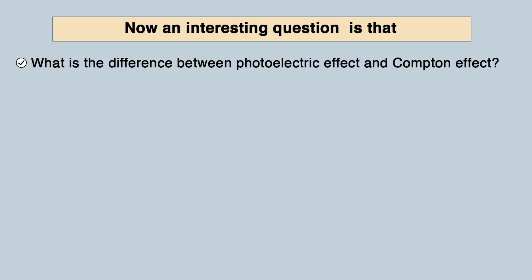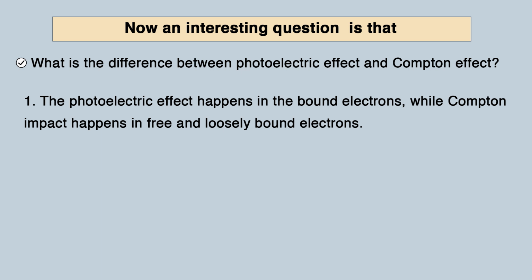Now, an interesting question is: what is the difference between the photoelectric effect and the Compton effect? The answer is that the photoelectric effect happens with bound electrons, while the Compton effect happens with free and loosely bound electrons.